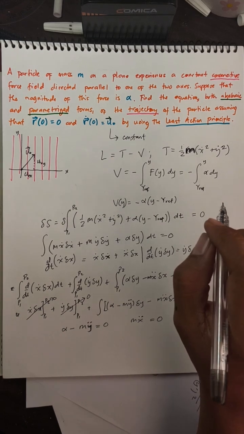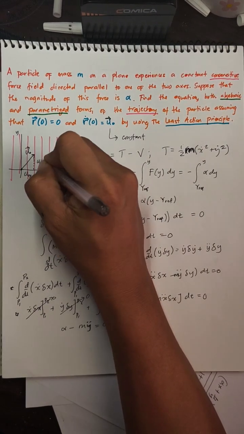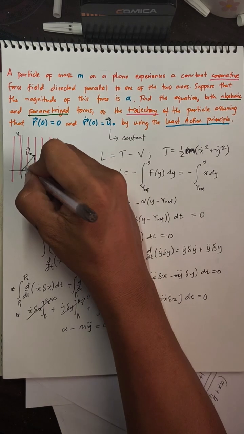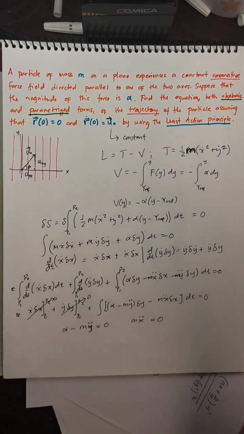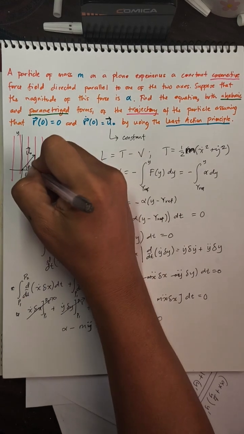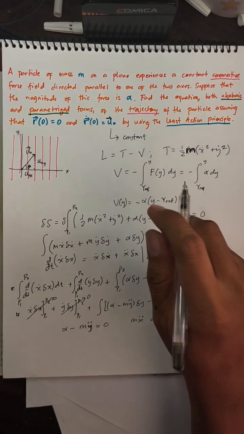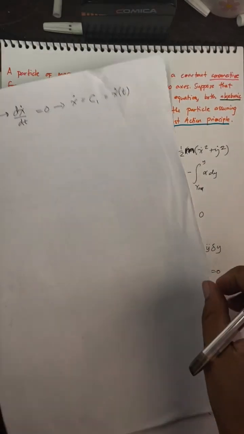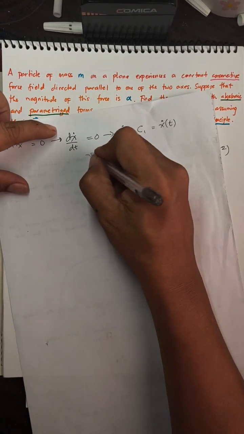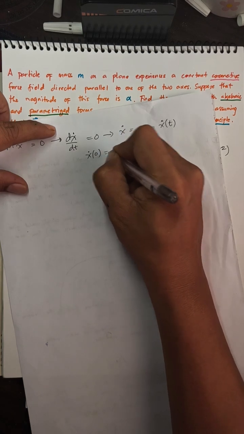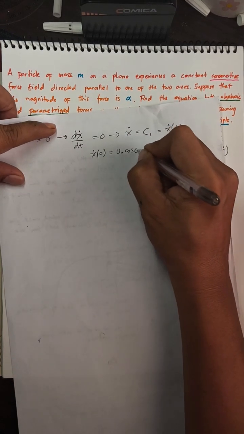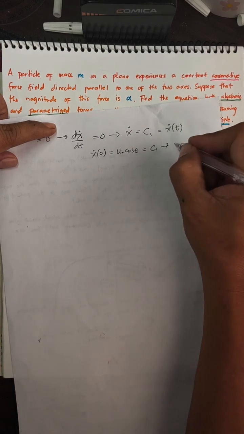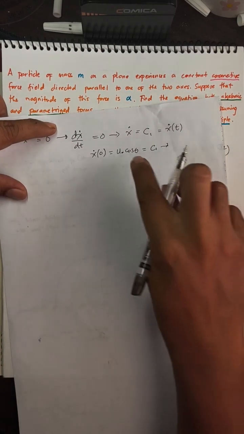It will be practical to express u naught y and u naught x in terms of u naught through this angle theta, the initial angle, so that u naught x is just u naught cosine of theta. So the x dot at 0 is equal to u naught cosine of theta, and this is equal to c1. Meaning here that c1 is u naught cosine of theta.